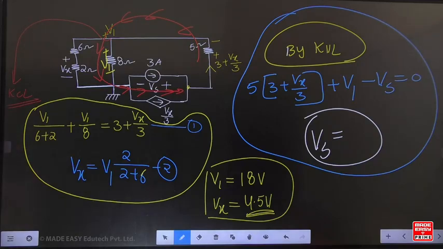चेक करो. मेनी स्टूडेंट्स आर सेइंग 40.5. चेक करो जी, इज इट करेक्ट? Can you please verify?